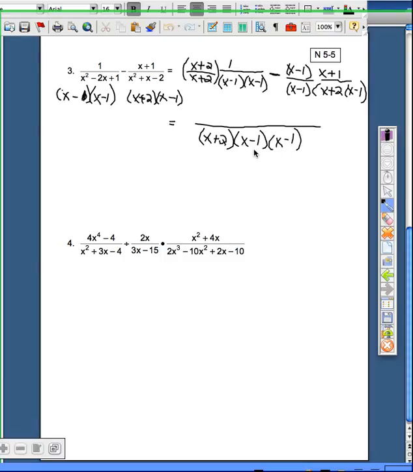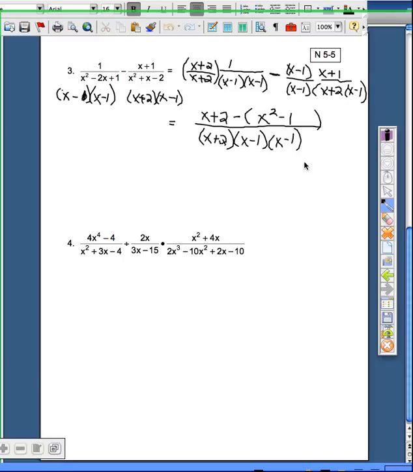Okay? So this one, 1 times x plus 2 is x plus 2. Now we have a minus, but we have to multiply or FOIL this x minus 1 times x plus 2. That's easy. It's a difference of squares, if you recognize that factorization. So that's going to be x squared minus 1. And if you FOIL it, it's okay.